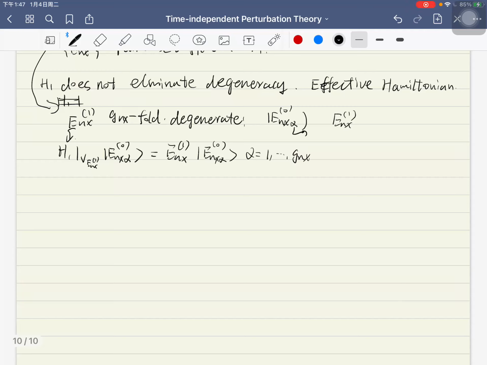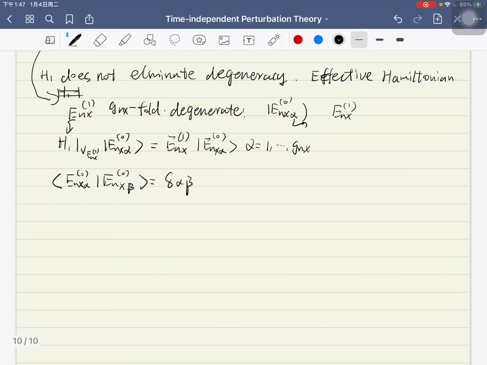We still have the basic orthonormal relation <E_nx alpha^0|E_nx beta^0> equals delta_alpha beta. And for y not equal to x, we still have <E_ny^0|H1|E_nx alpha^0> equals 0.